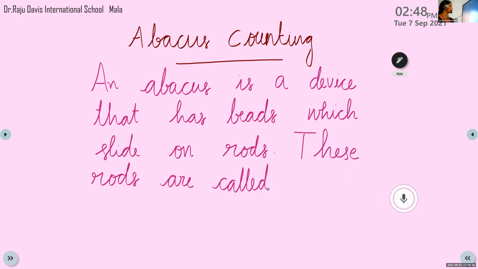Spikes. Very good. An abacus is a device that has beads which slide on rods. These rods are called spikes. So we can call it a spike abacus. That's also another name for it.